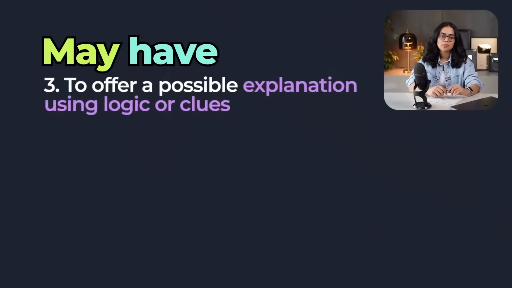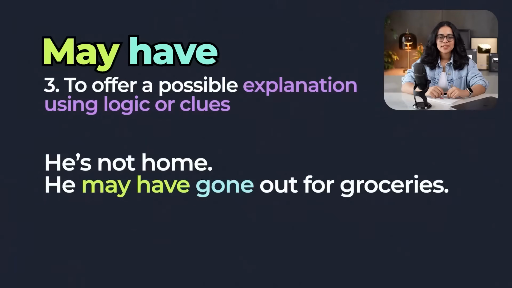The third use of may have is to offer a possible explanation to something. It's like using logic or clues to suggest something could explain a situation or why something happened. For example, he is not at home. He may have gone out for groceries.